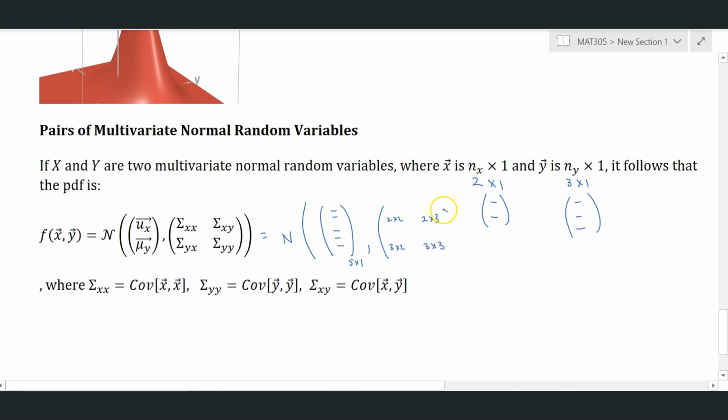So notice that in total, each of these has 2 rows, 3 rows, so that'll be 5 rows. And then here we'll have 2 columns, here we'll have 3 more columns, so this will be a 5x5 in this case. And so that just amounts to having more variances and more covariances in that matrix.